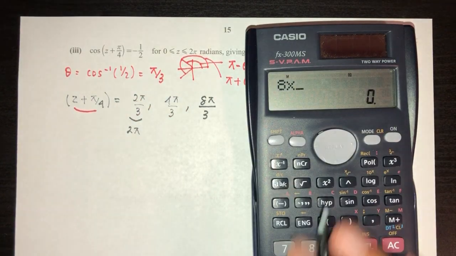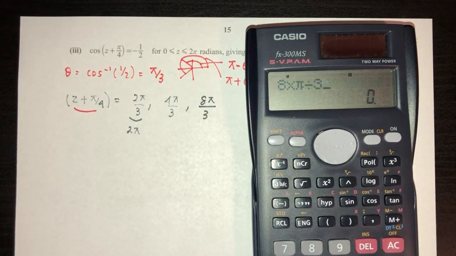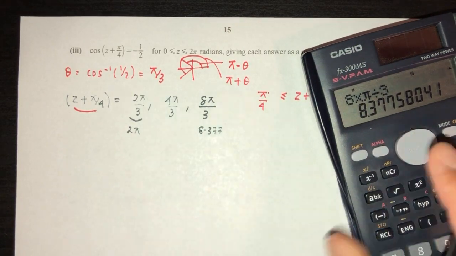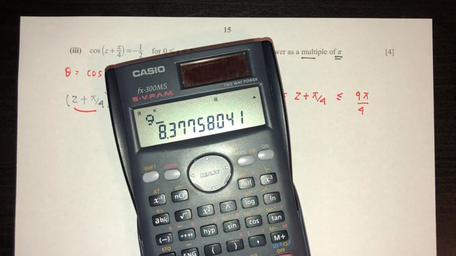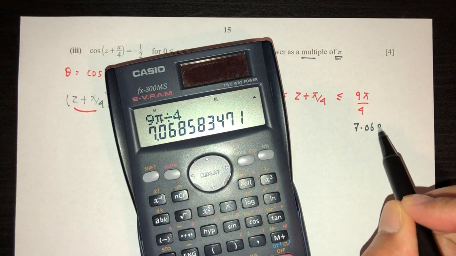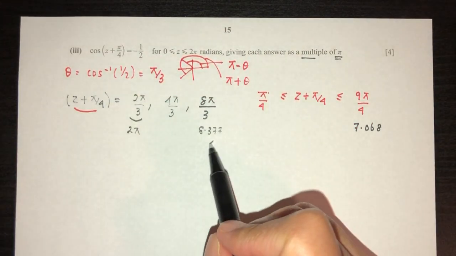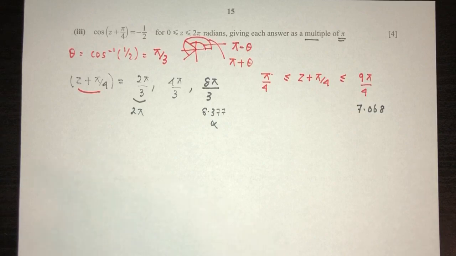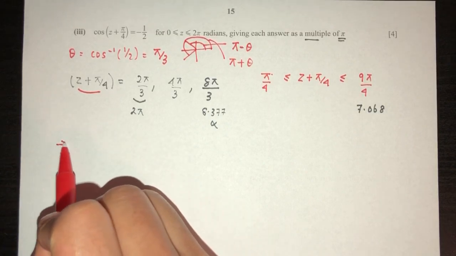So 8 times pi divided by 3 is 8.377. What is this limit? 9 times pi divided by 4 is 7.068. This one is outside, so you will not be in the range. So that was only a testing step to see if we had this value or not. But now we can proceed to the next step.